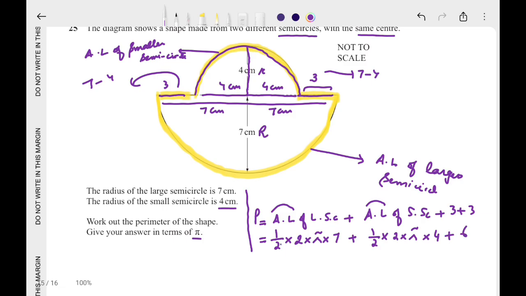Now we will simplify. 2 will cancel by 2 and this 2 will cancel by 2. So it will be 7 pi plus 4 pi plus 6. So 7 pi plus 4 pi would be 11 pi plus 6.